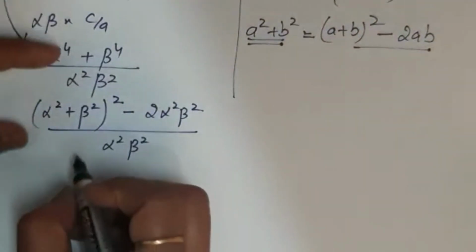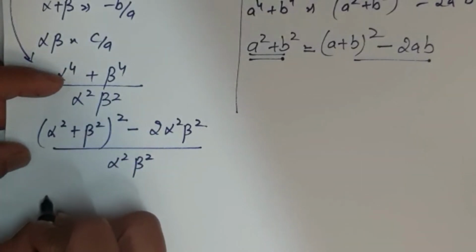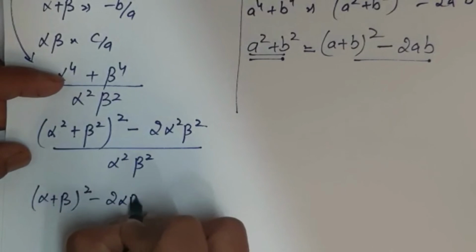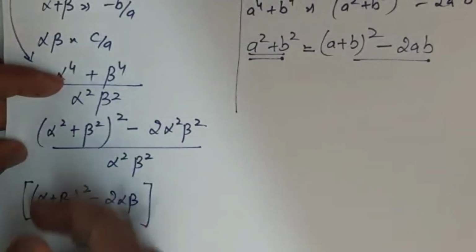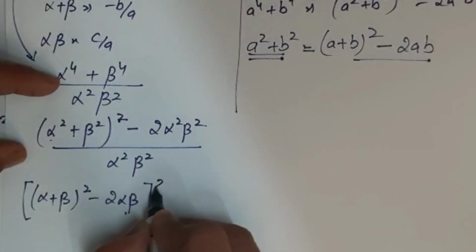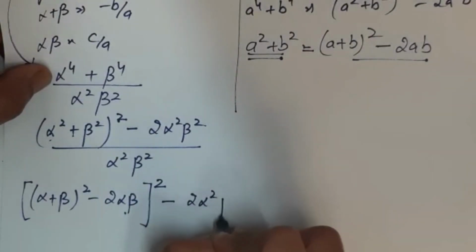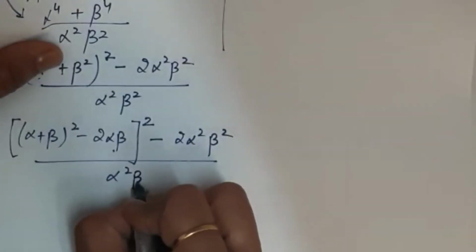So again put, this comes out to be alpha plus beta whole square minus 2 alpha beta. And this whole thing, I have opened only this part. This square is still over here, don't forget to write it. Minus 2 alpha square beta square upon alpha square beta square.